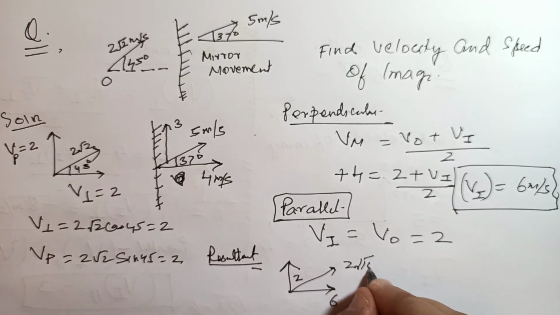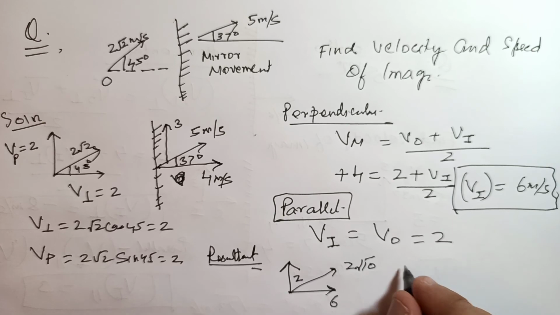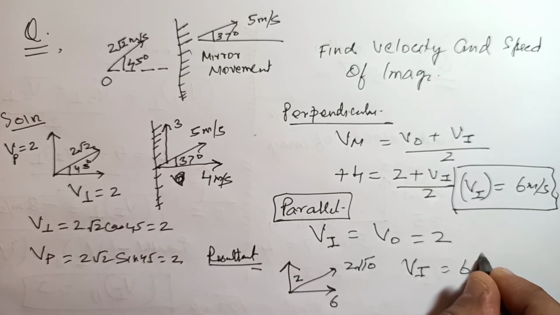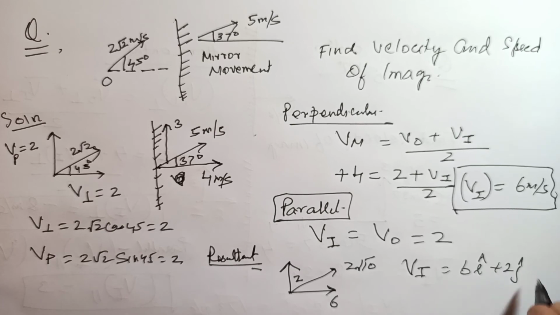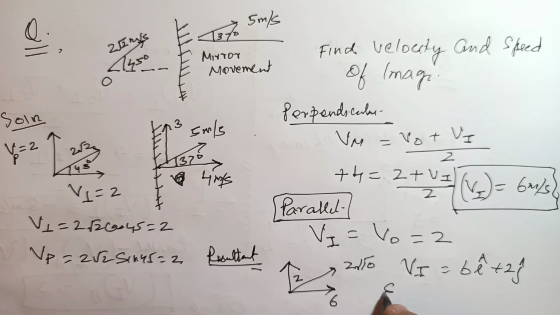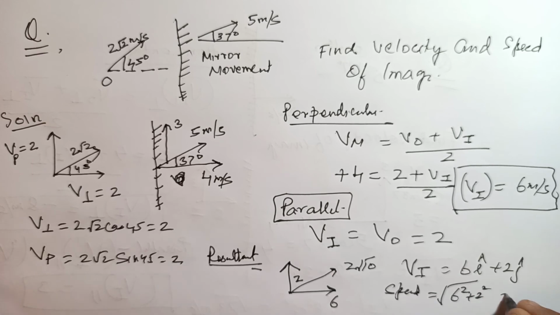First I can say Vi is equal to 6i plus 2j, and the speed which I am talking about is nothing but under root 6 square plus 2 square, which is under root 40, that is 2 under root 10.